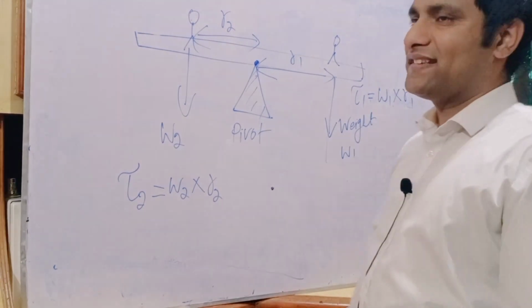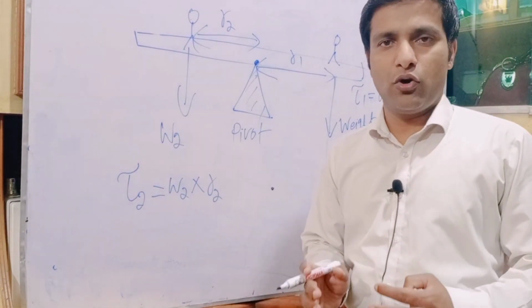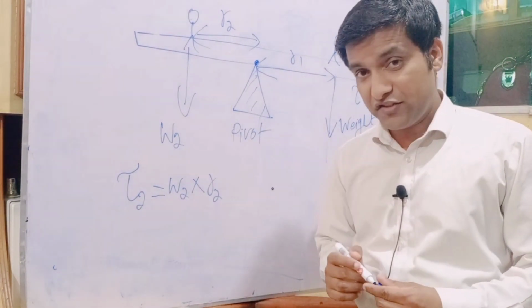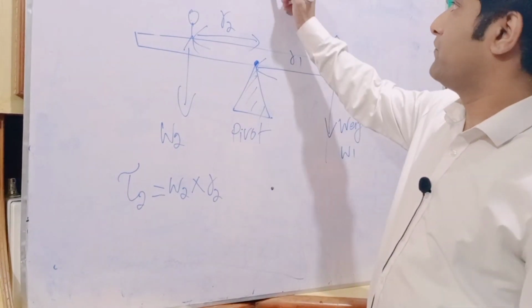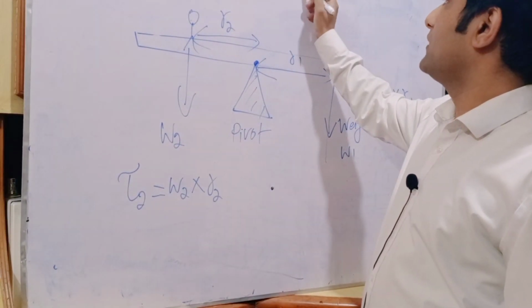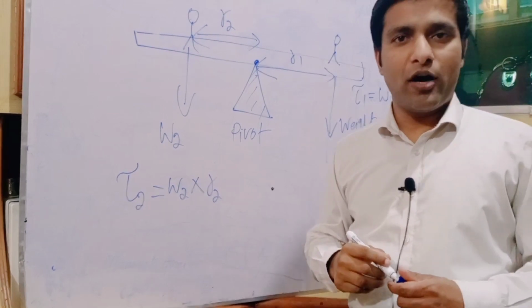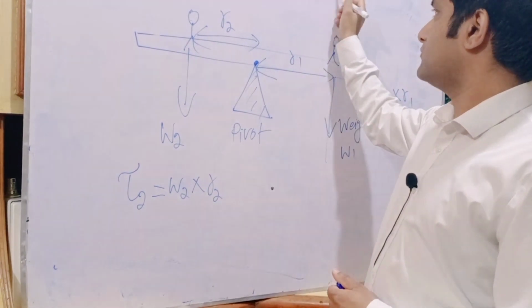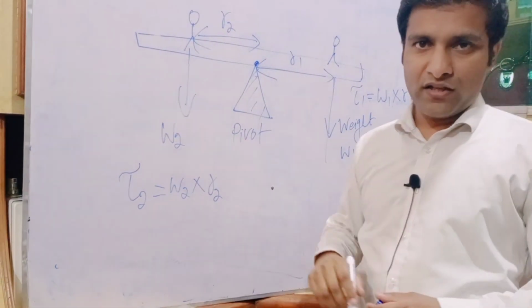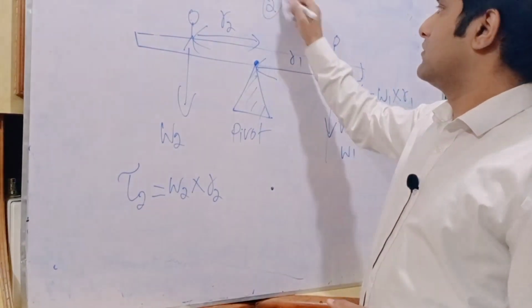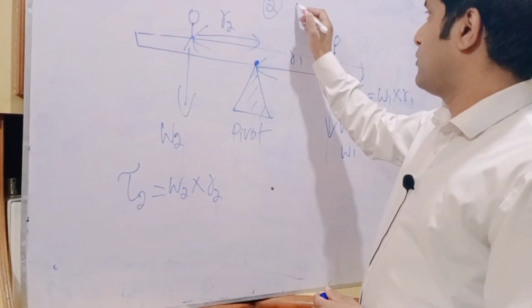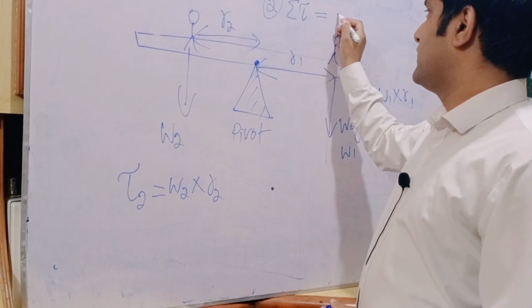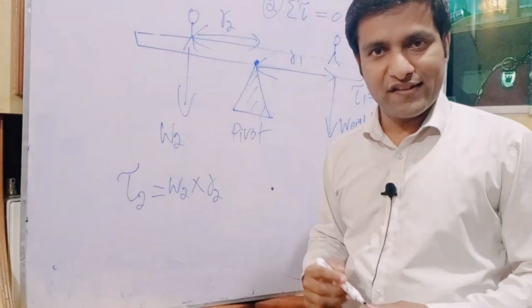So what are the conditions of equilibrium? There are two conditions of equilibrium. Number one, the vector sum of all the forces acting on an object is 0. And the second condition is that the vector sum of all the torques acting on a body about an axis is 0.